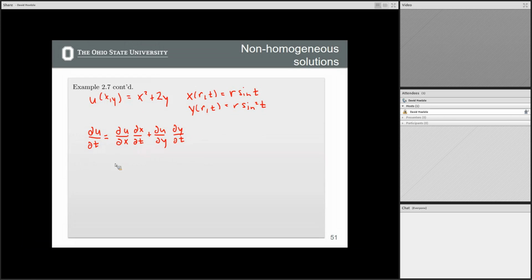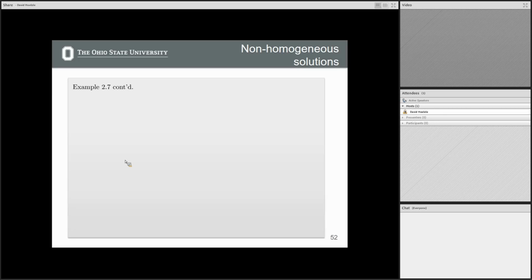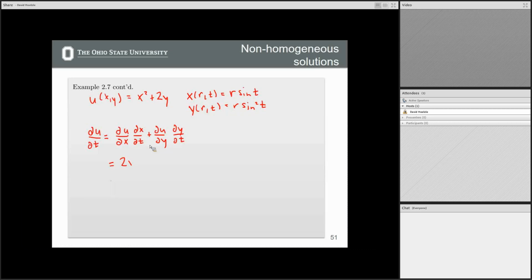Okay, so just filling this in, if I look at du dx, right? We have 2x. Du dx, 2x. Dx dt, this is going to be then r cosine t, right?